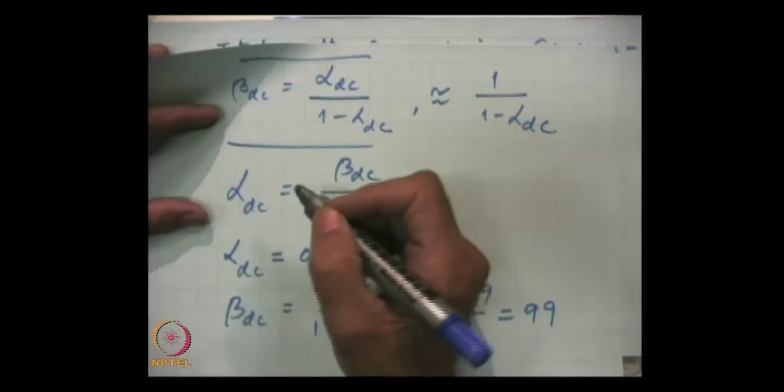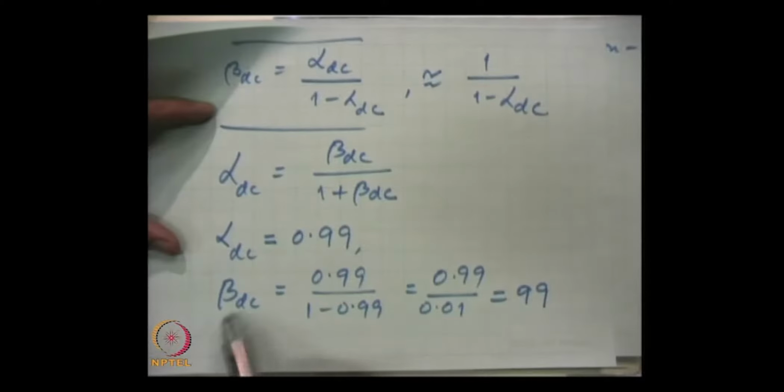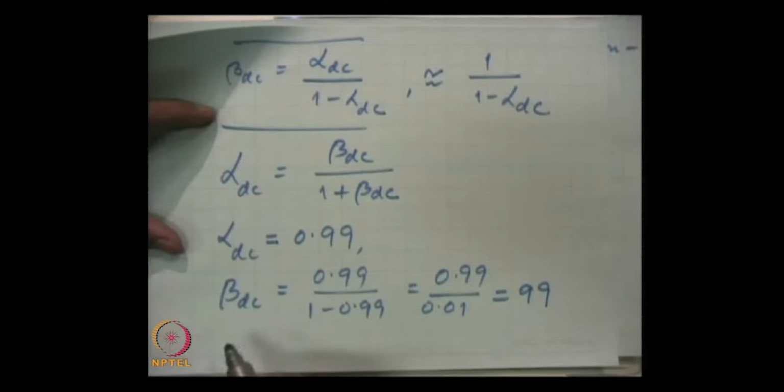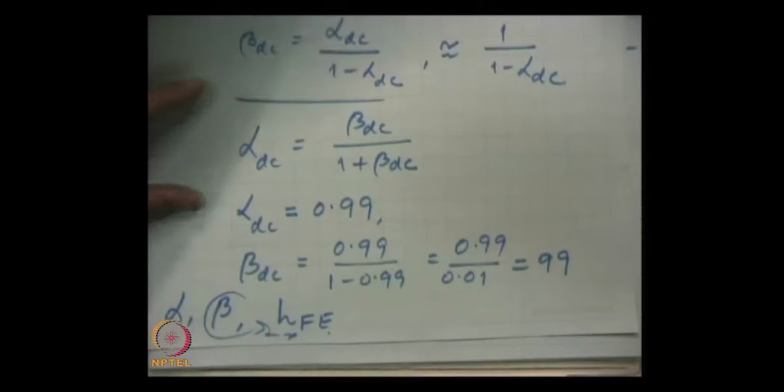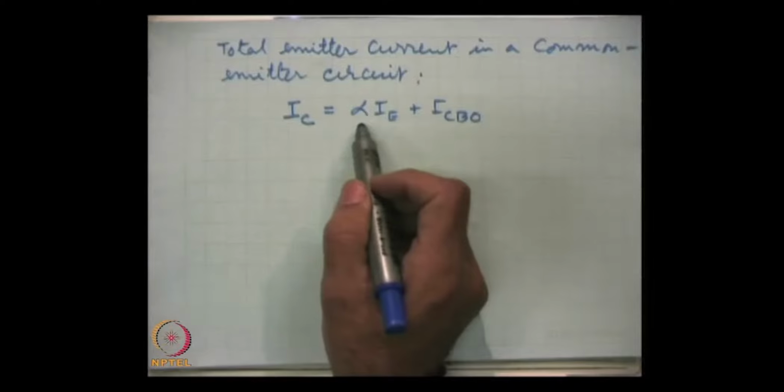So, the AC signal will be superimposed over DC. Then there will be a small variation in these values, and that is known as simply beta, or alpha, and when we talk of H parameters later, then beta is the same as HFE. This is the forward current gain in the common emitter circuit. But anyway, we talked that alpha is the current gain.